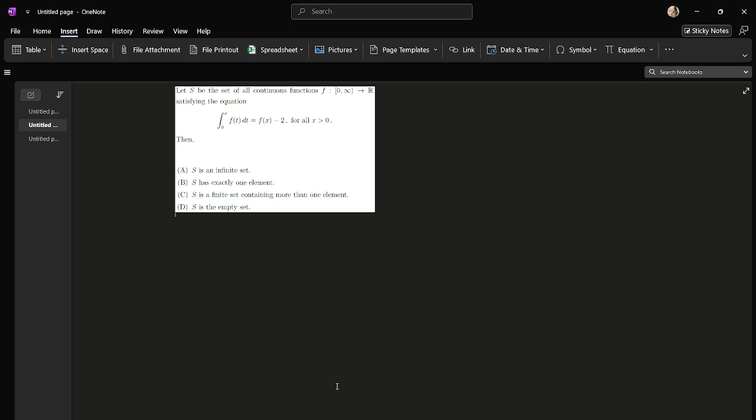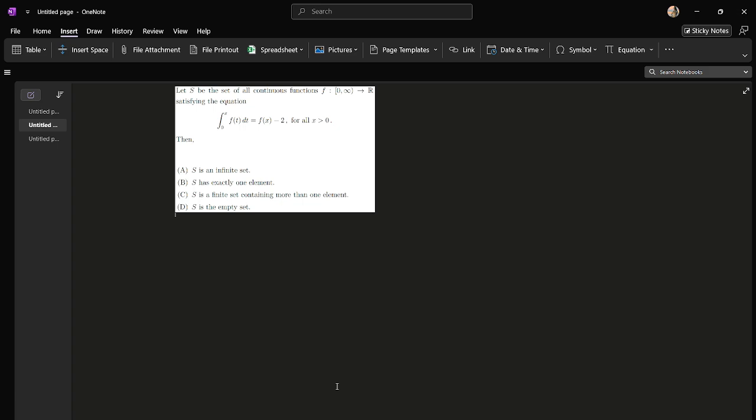Then there are four options. Option A says S is an infinite set. Option B says S has exactly one element. C says S is a finite set containing more than one element. And option D says S is the empty set.